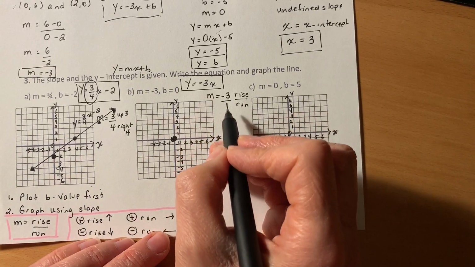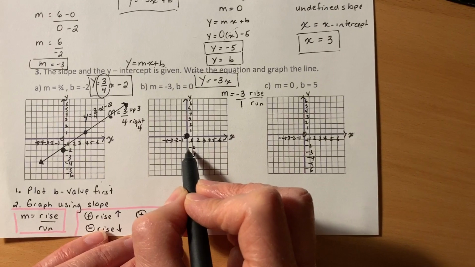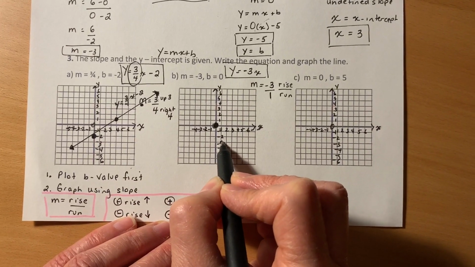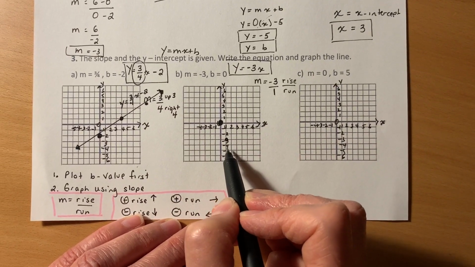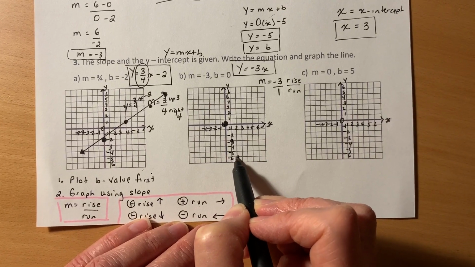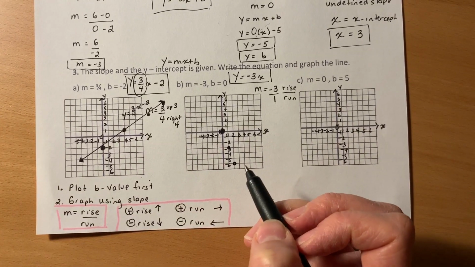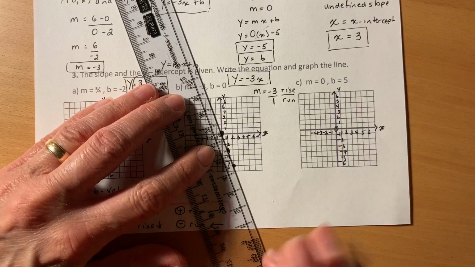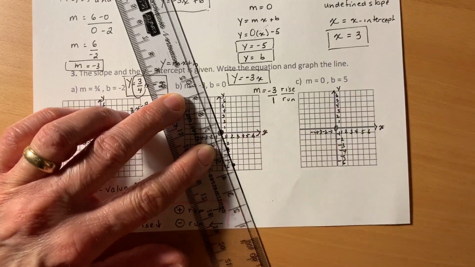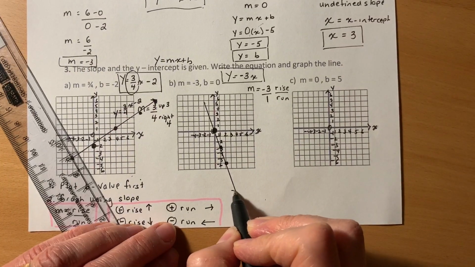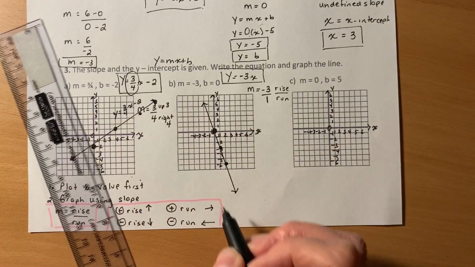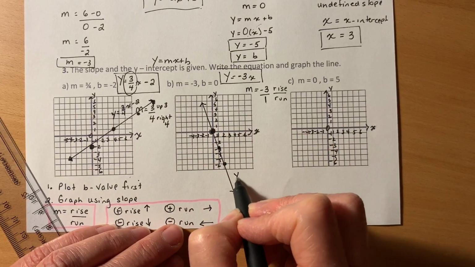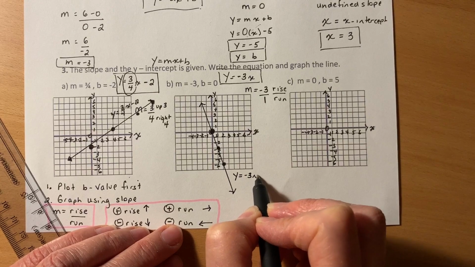So here, because of the rise, I'm going to go down 1, 2, 3, to the right once. Do it again. 1, 2, 3, to the right once. Take your ruler, connect it, extend, put arrows on both ends, and label your line with your equation.